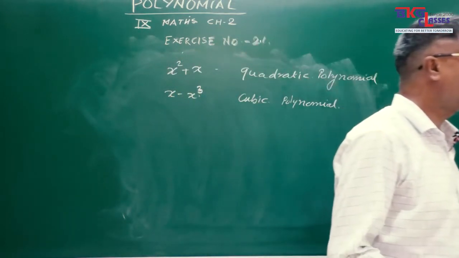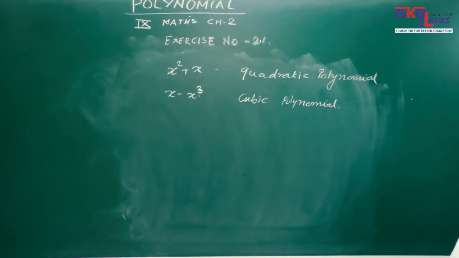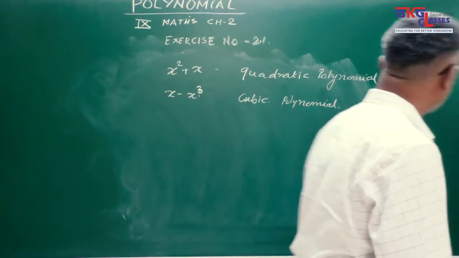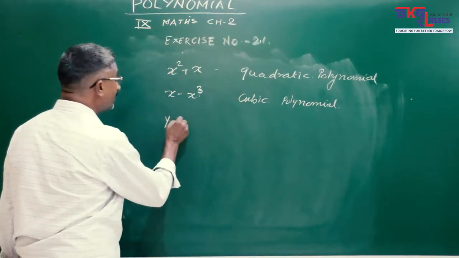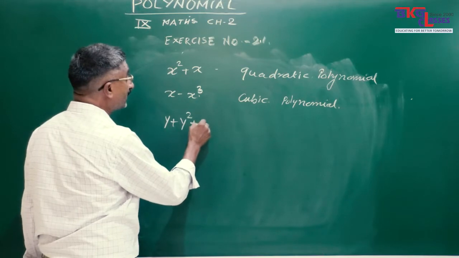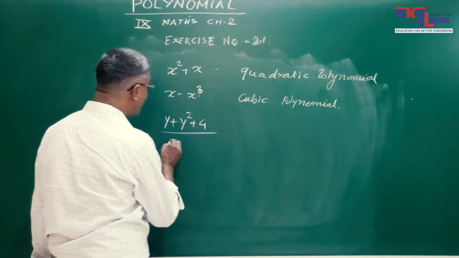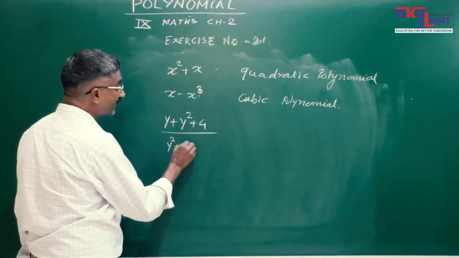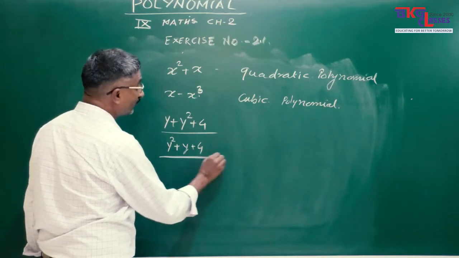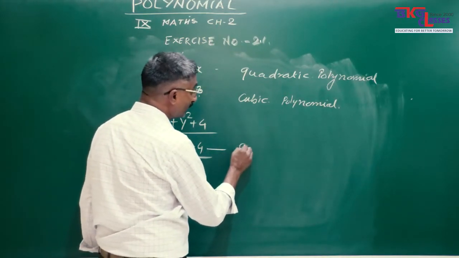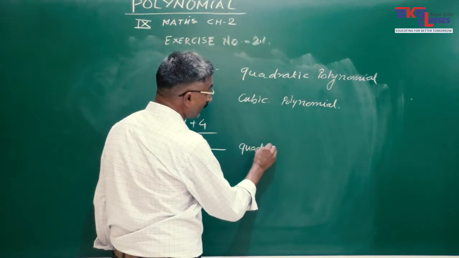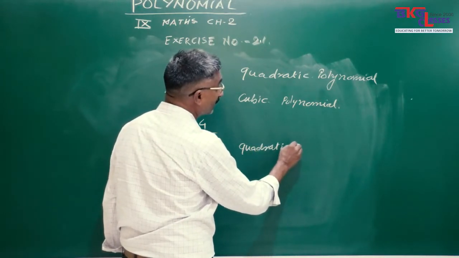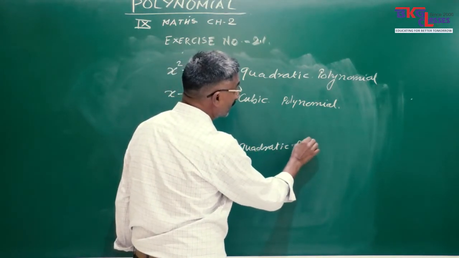Next, y plus y square plus 4. We can rearrange it, y square plus y plus 4. So this is a quadratic polynomial.